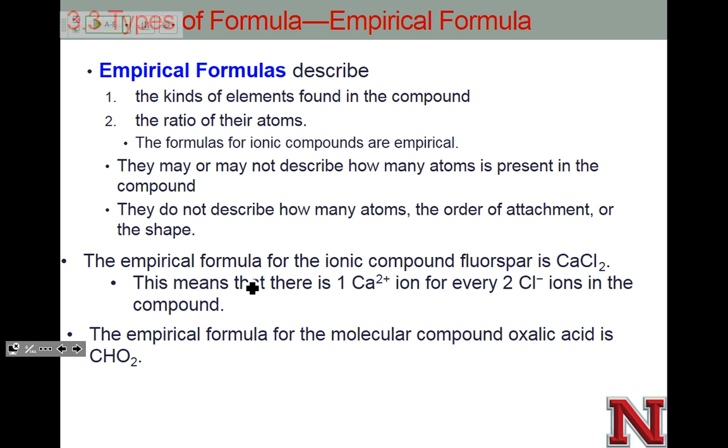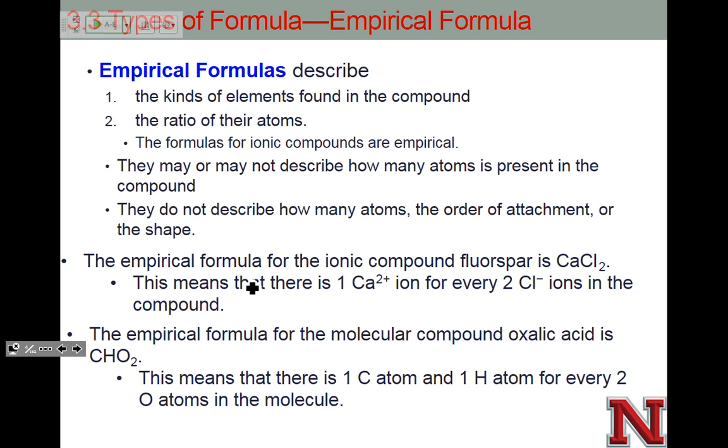But the empirical formula for the molecular compound oxalic acid, CHO2, might not tell us exactly how many carbons, hydrogens, and oxygens we have in a molecule, but what we do know is we have 1 carbon for every 1 hydrogen for every 2 oxygens in that molecule. So it tells us our lowest whole number ratio. But it might not actually tell us the total number of carbons, hydrogens, and oxygens.